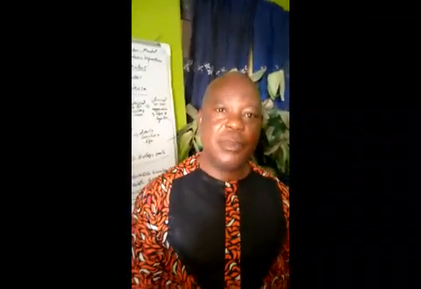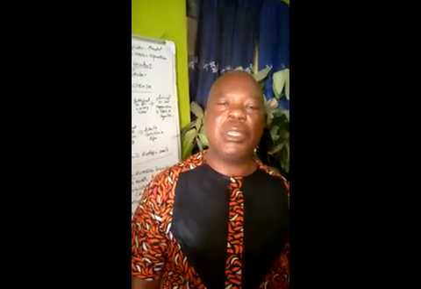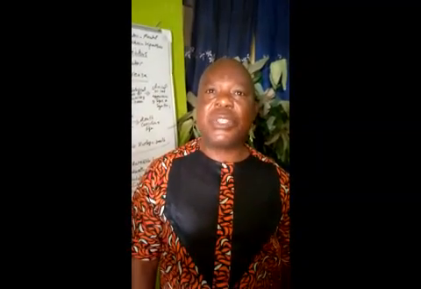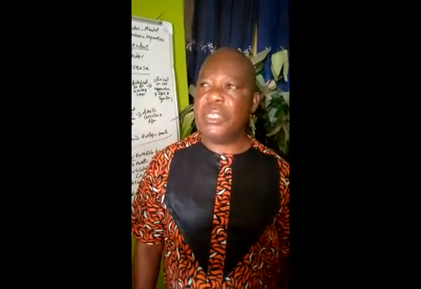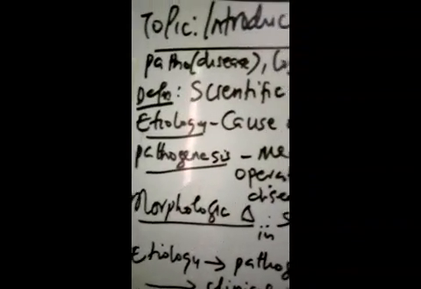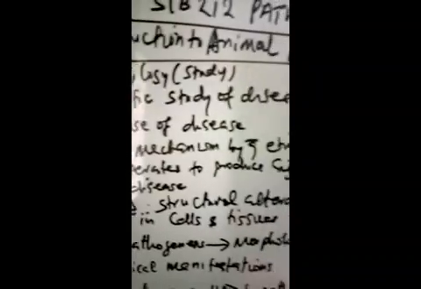Patho means disease. Logi means study. Therefore, the definition of pathology is scientific study of diseases. Now, etiology is simply the cause of disease.